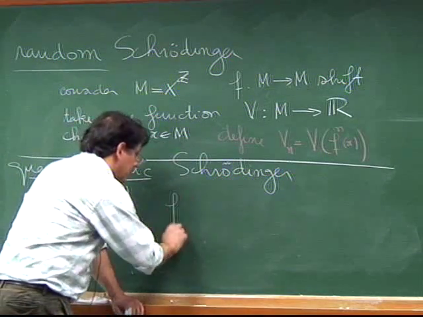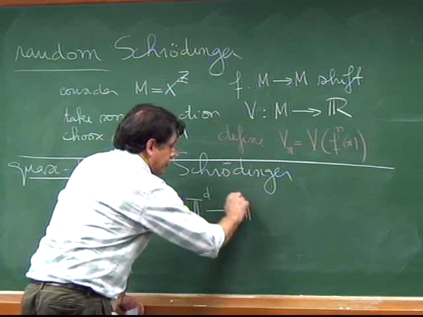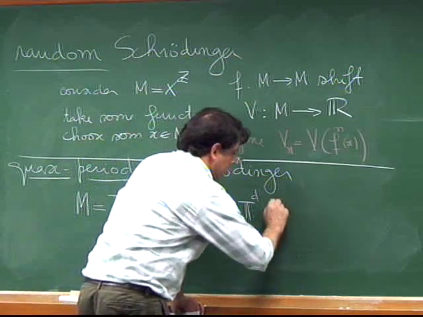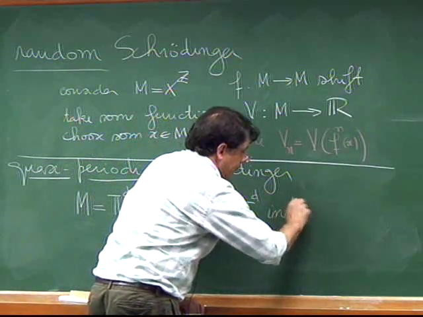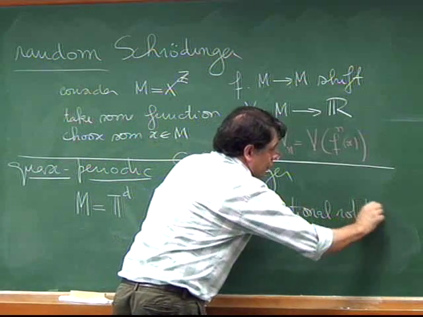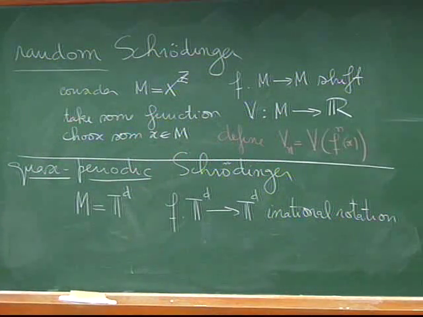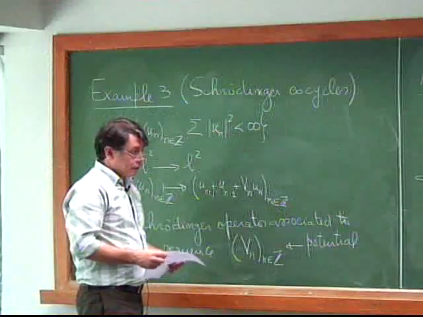F from the torus to the torus is an irrational rotation. You can think of the case d equals 1, because in fact 90% of the papers are about the case d equals 1, which is hard enough.